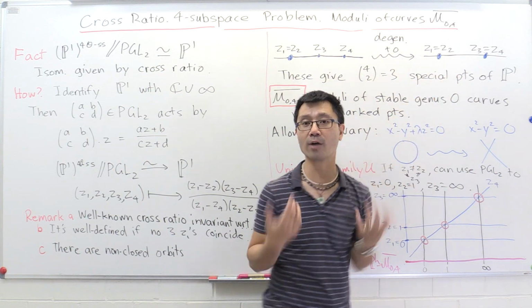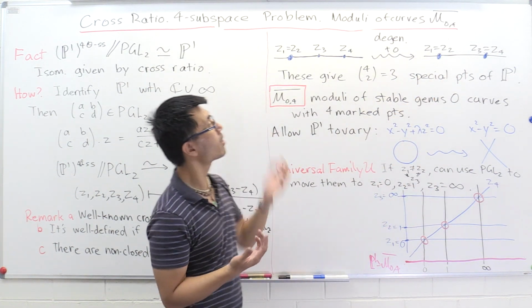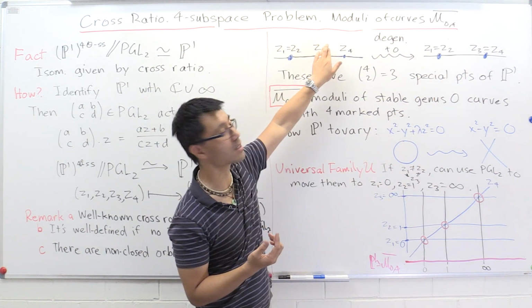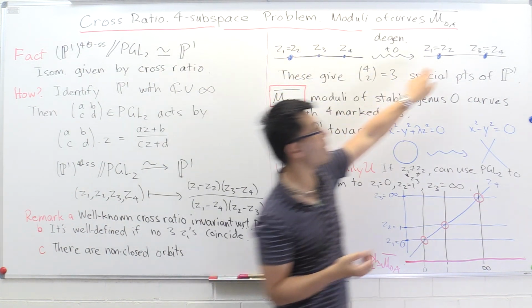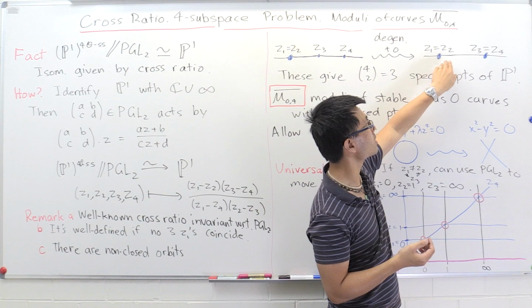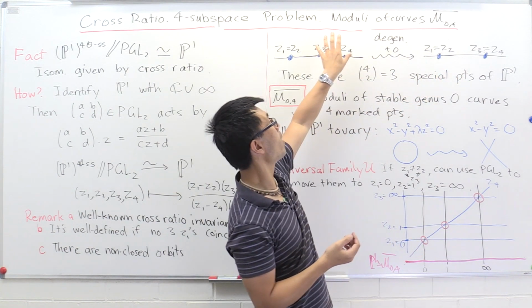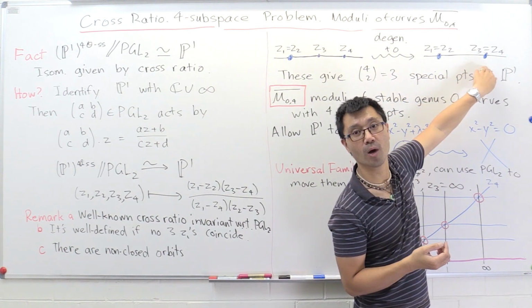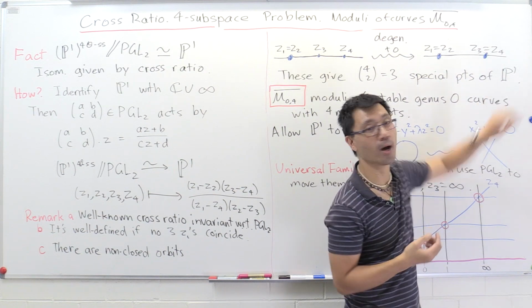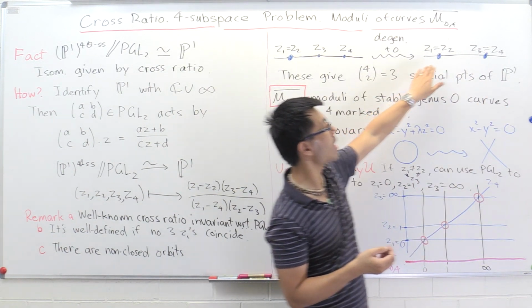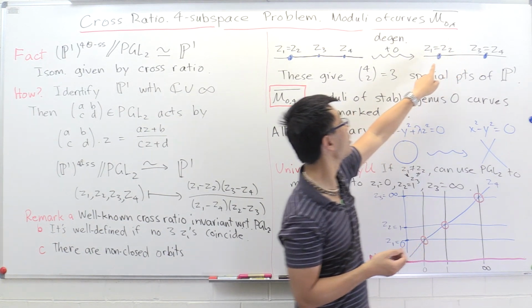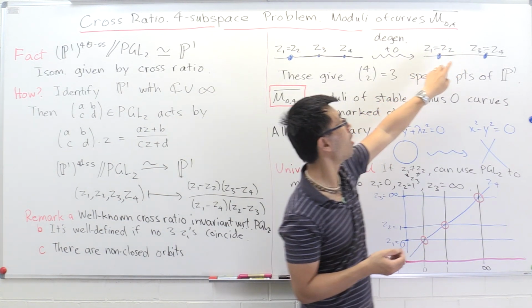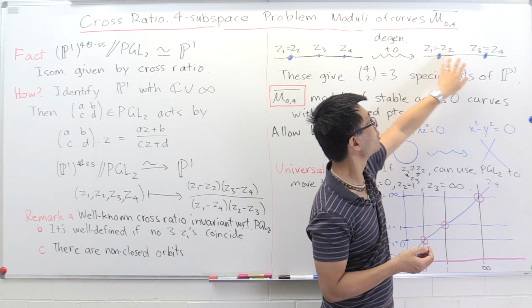So how often does that occur? That occurs whenever you have 2 of them coincide. And when 2 of them coincide, you get the same point if, for example, Z1 equals Z2, you might as well coincide the other two as well. That will give you the same point of P1. So basically, you want to say, how can you break up the 4 points into 2 pairs of 2?